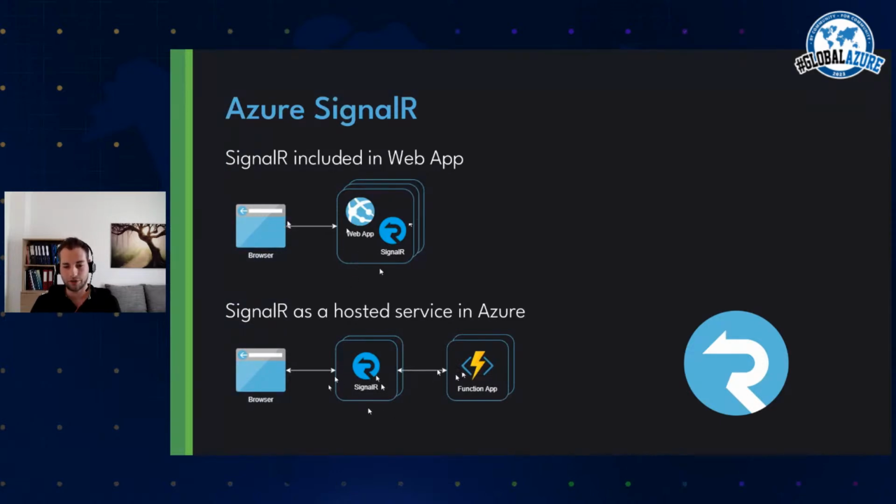And when SignalR is running as a standalone service, then the browser can connect to the service, and this service will take care of waking up our app. And we don't need to keep an instance running all the time, which, as I said before, is good for us, because then we don't need to pay for an instance of our app running. And this enables us to use SignalR with function apps as well, and not only classical web apps. So this is how we're going to implement this.